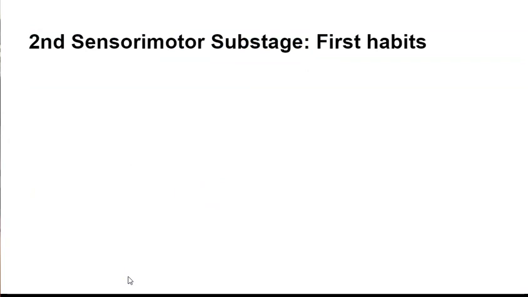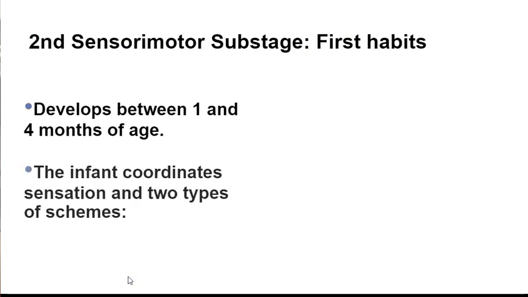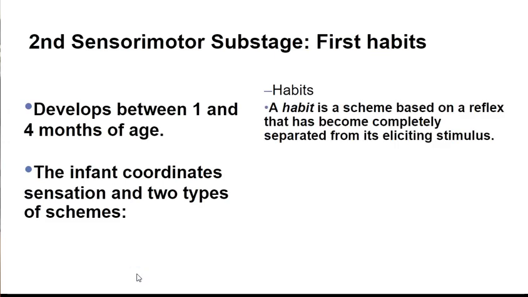Up next is the second sensory motor substage, which is first habits. This occurs when children are between the ages of 1 and 4 months, and they have two types of schemes. The first type of scheme that we're going to discuss is a habit. Remember, schemes are mental representations. This habit is based on the reflex.